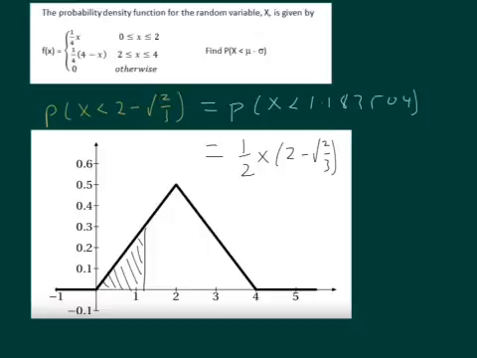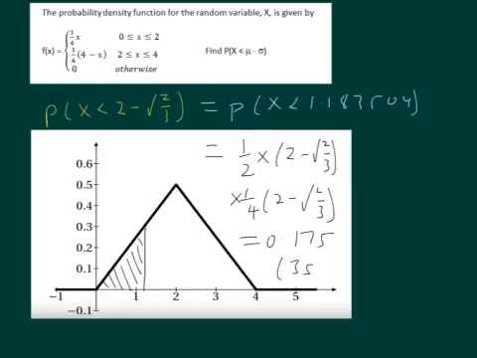And then the height is given by this expression here. It's a quarter x because it's between 0 and 2. So it's a quarter of x, and x is 2 minus root 2 thirds. So we need to work that out, and it works out to be 0.175 to 3 significant figures. Obviously that's quicker than doing the integration, which we could have done. And that's it.